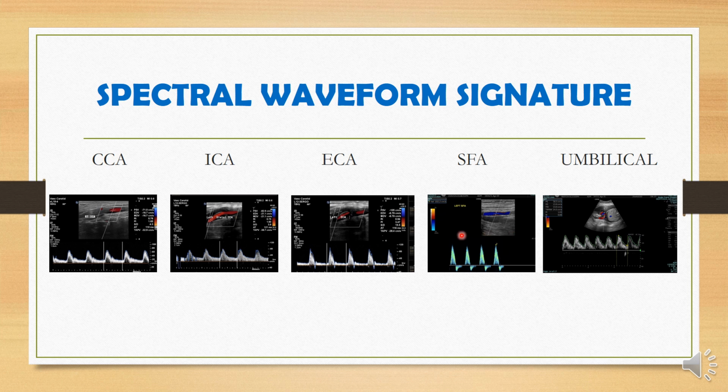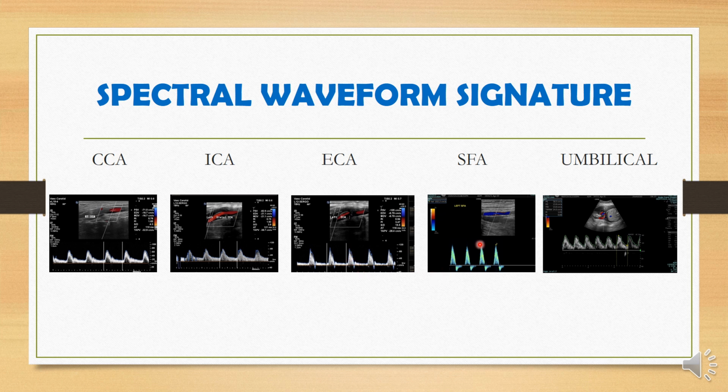So this kind of pattern, which is a triphasic pattern, is shown in all limb arteries, lower limb or upper limbs, because it's a high peripheral resistance in the periphery of the limbs. Whereas the central arteries like common carotid artery or internal carotid artery will show a biphasic pattern with a systolic and a diastolic component, and external carotid artery, which is again a peripheral artery, will show a triphasic pattern.